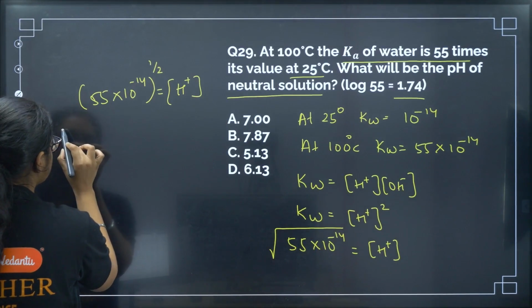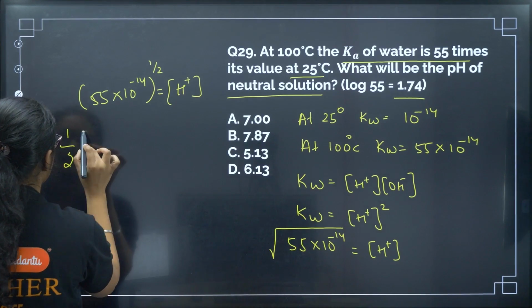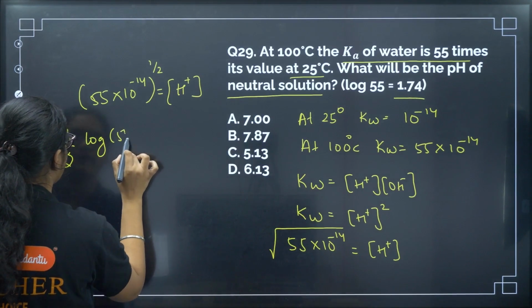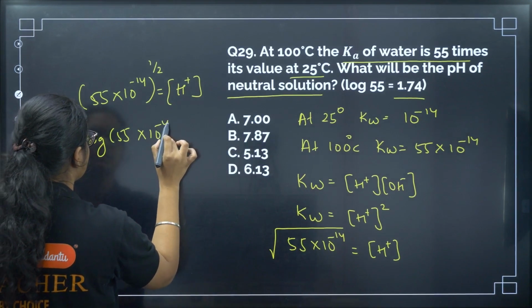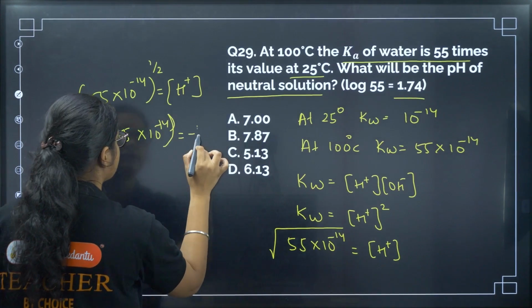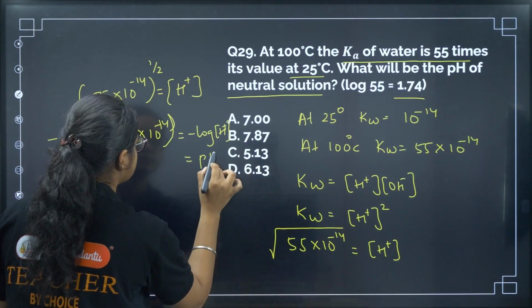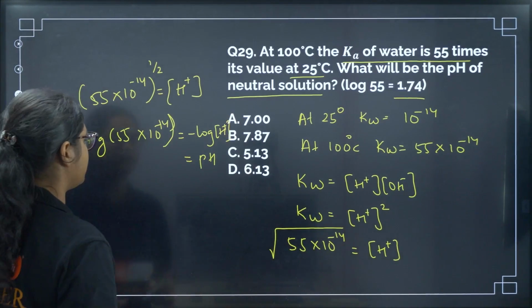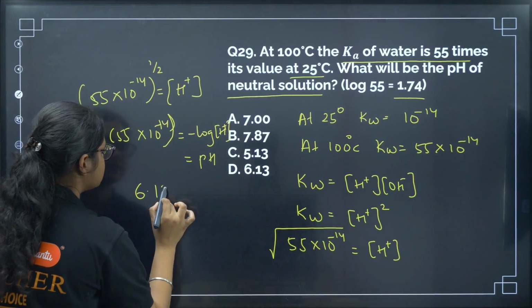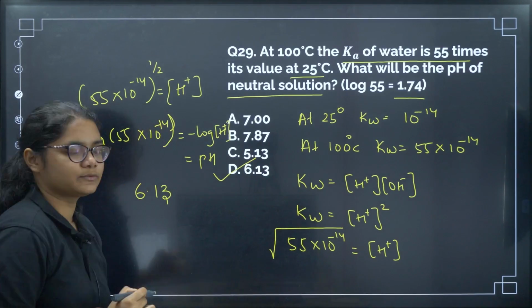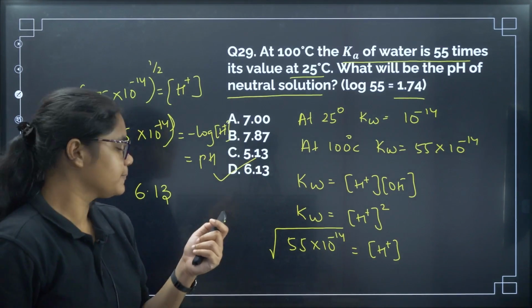Now taking log on both sides and taking the negative logarithm, we get 1 by 2 minus log 55 on one side, and minus log of H plus, that is nothing but pH. So just solve this, the value is already given as 1.74. Once you solve this, we'll get 6.13. The correct answer for this question will be option number D.